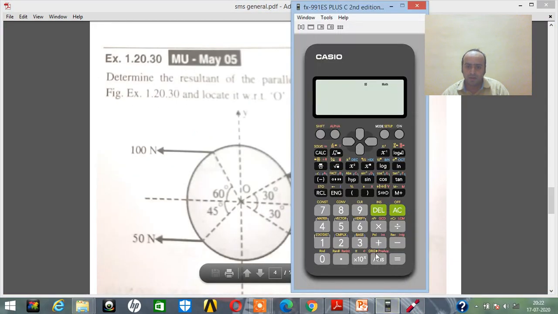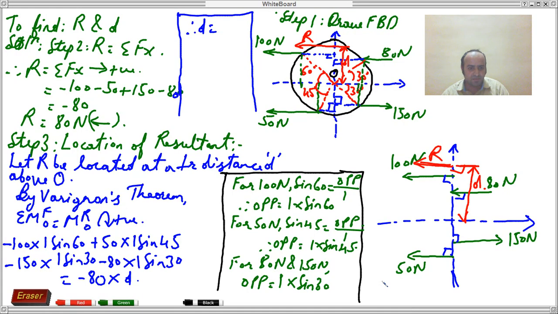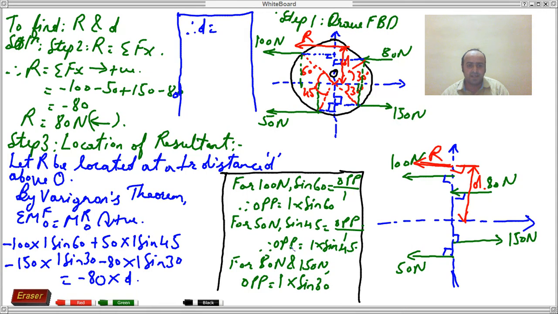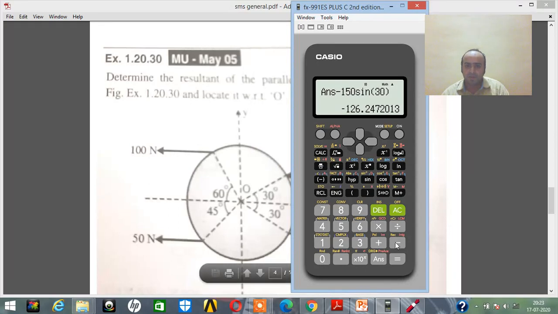So it is minus of 100 into sine 60, plus 50 into sine 45, minus 150 sine 30, minus 80 into sine 30. Okay, so we are done with this.